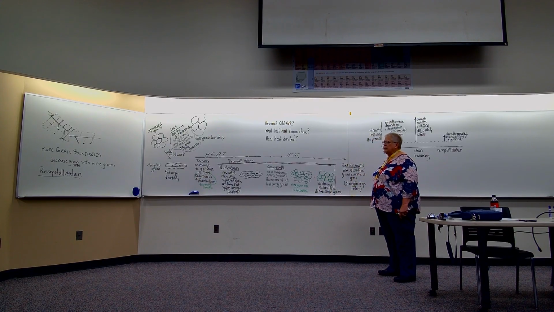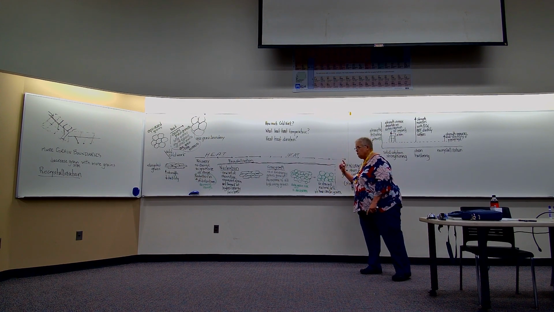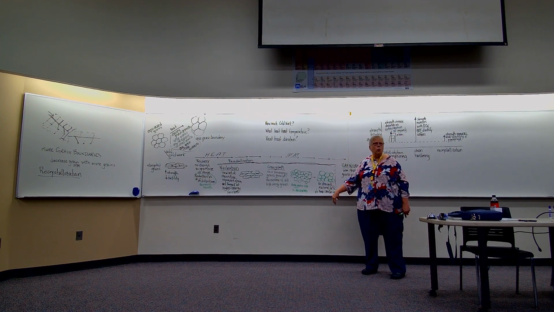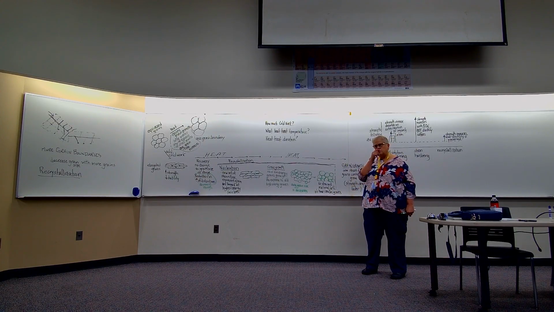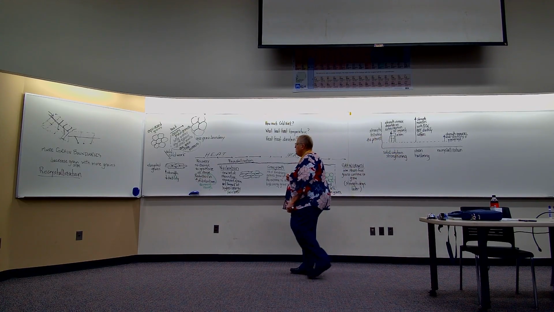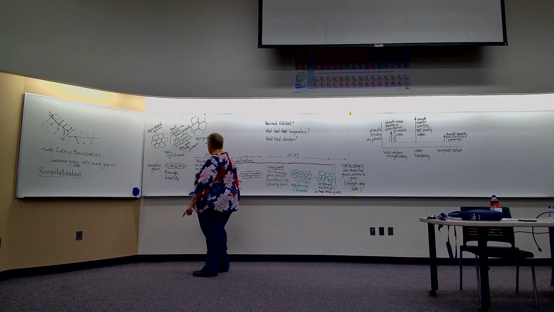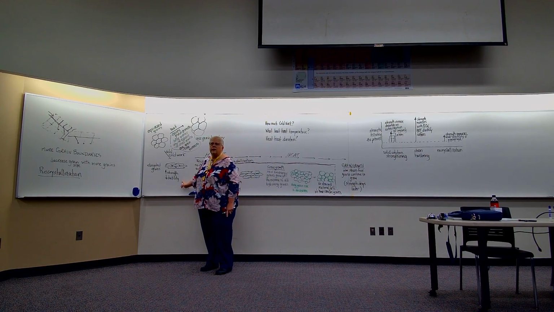All right, well, let's think about this whole process. I want to end up with more grains, right? I want to end up with more small grains. How does the percent cold work affect the number of grains I'm going to end up with in the end?